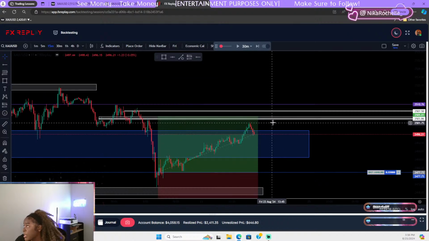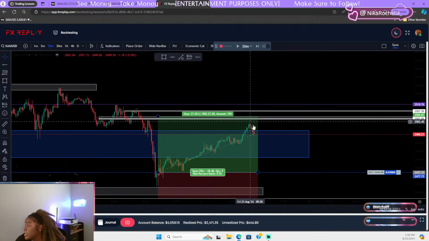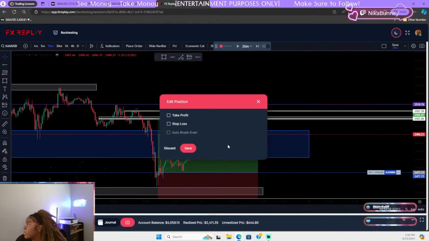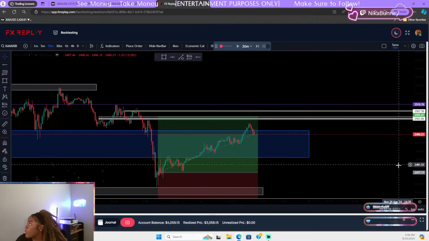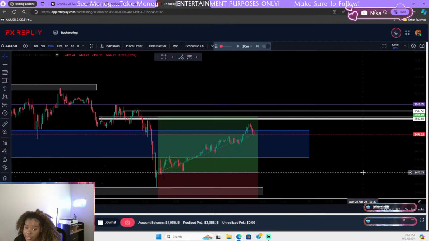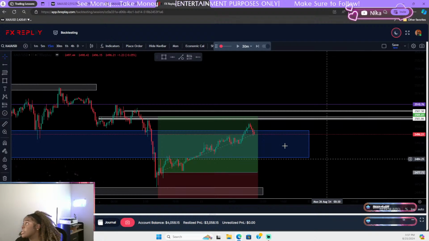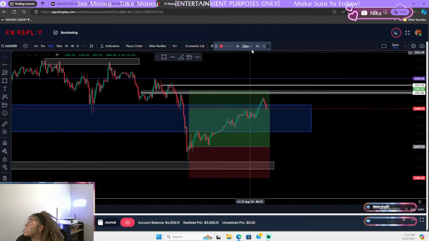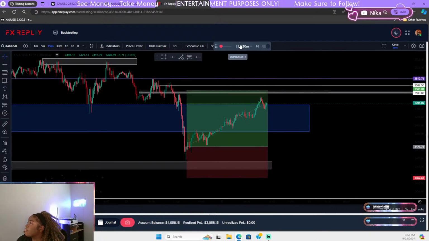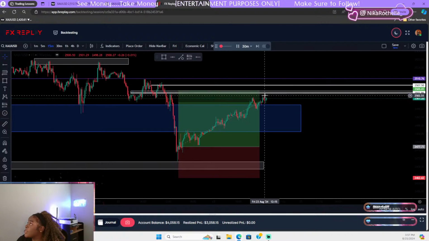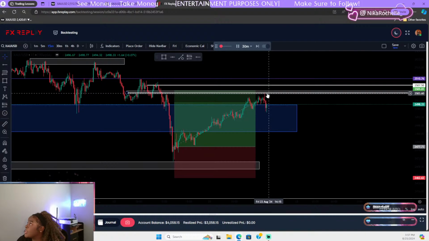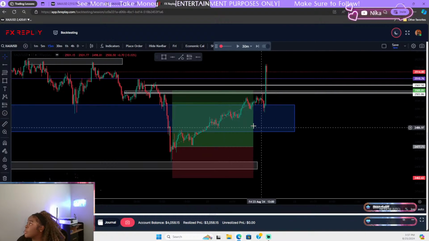You see how price got close to that box and then it rejected it a little bit? That's how I know when to enter and exit my trades. So that's that. And then there you go. It touched the box some more, and then touched it again. And it broke there.